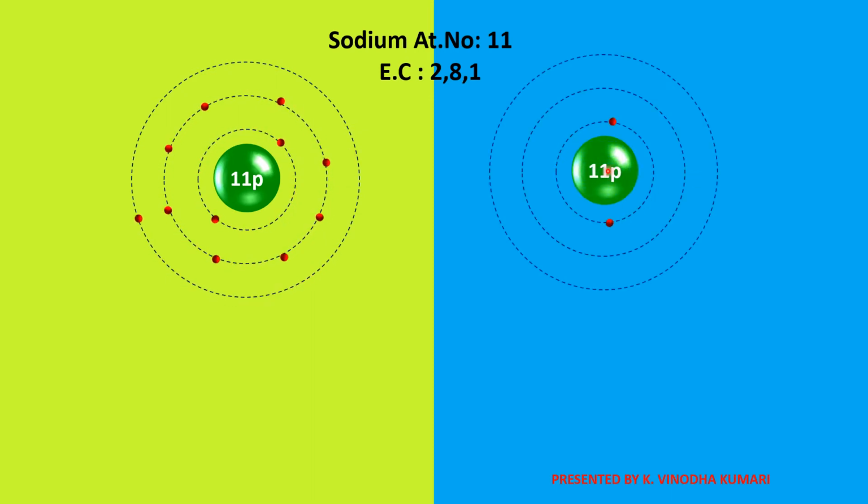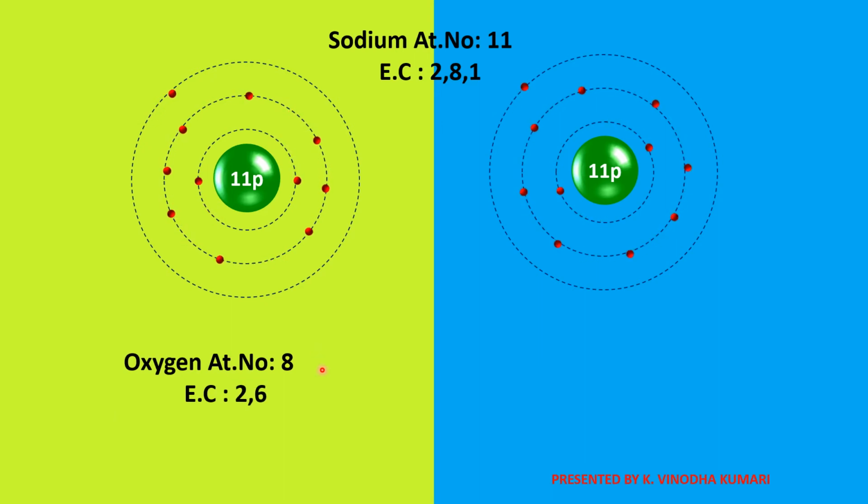This is another sodium with 11 protons. First shell 2 electrons, second shell 8 electrons, and in the third shell it has 1 electron. Yes, this is the single electron. So sodium in its outermost shell has 1 electron each. So these 2 electrons are transferred to oxygen, because oxygen requires 2 electrons.